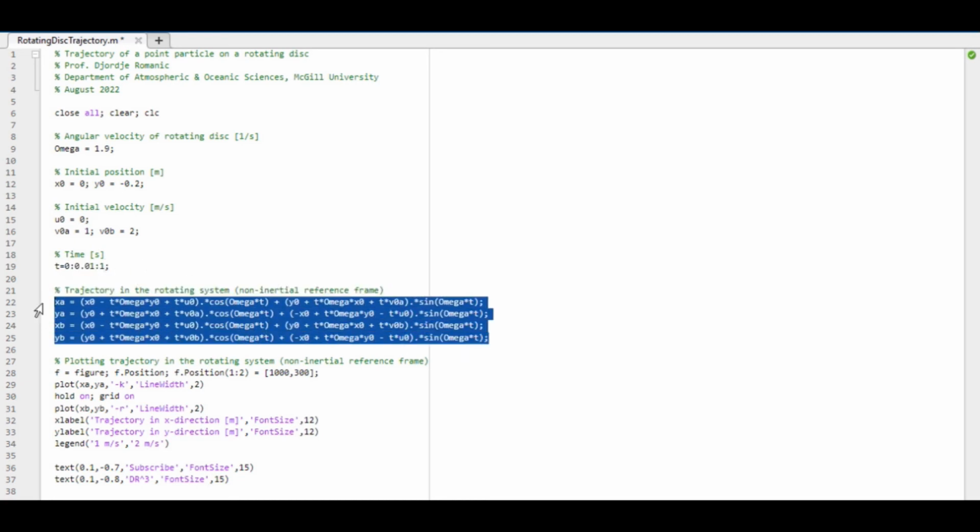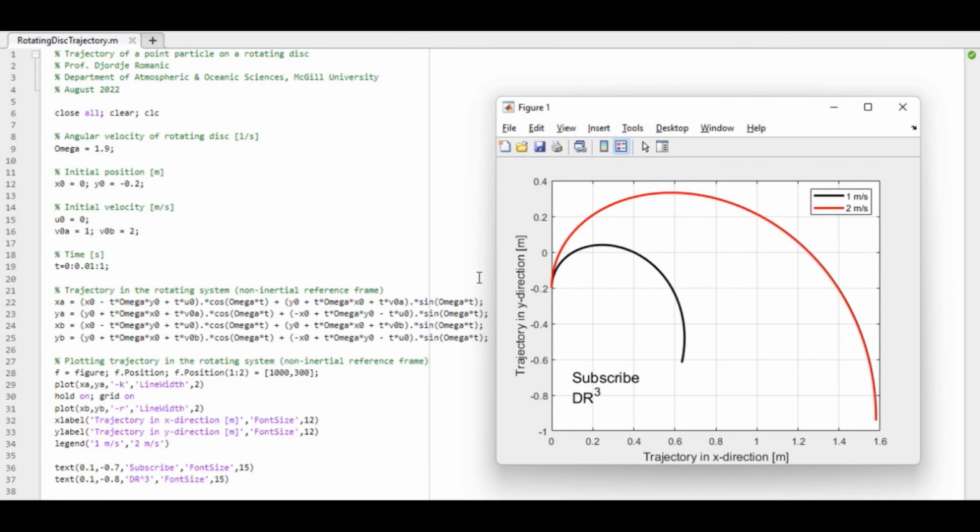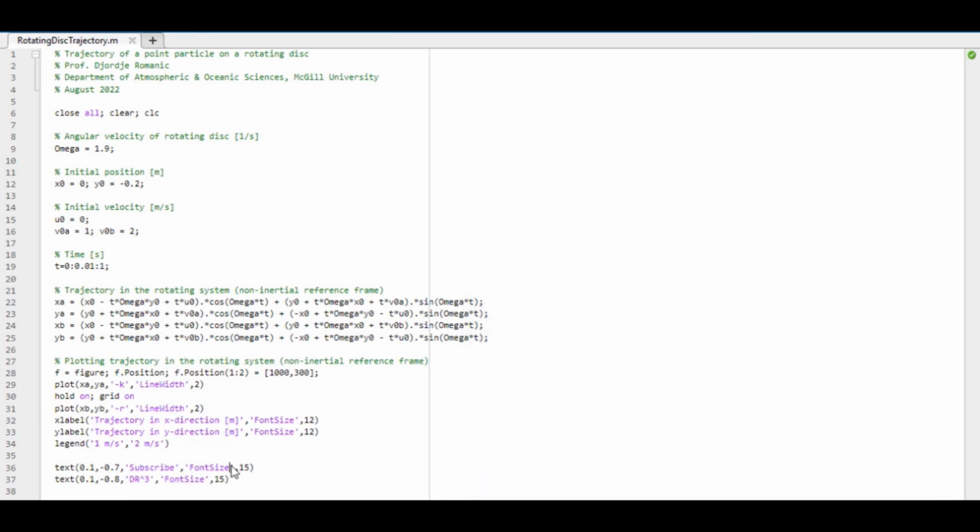Here are the equations that we just derived on the blackboard, and if I run this code now, notice that there are two lines. The red line or red spiral corresponds to higher initial velocity of the particle, 2 meters per second. The black one is 1 meter per second. The red one is wider in terms of spiraling motion because Coriolis force is weaker when the velocity increases. Coriolis force has less time to act.